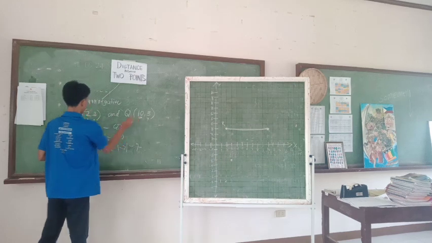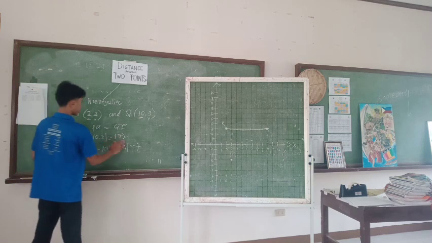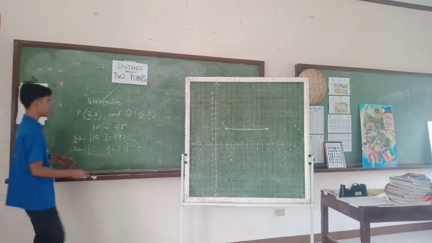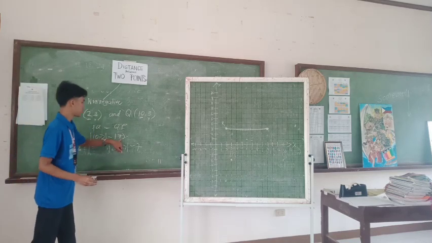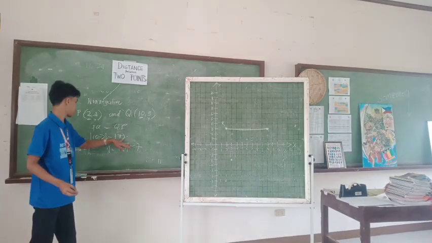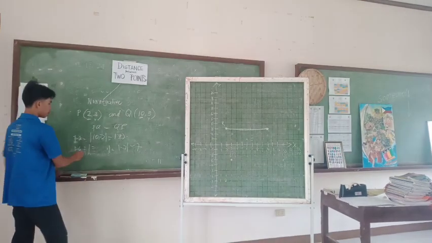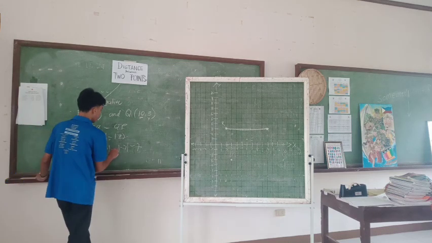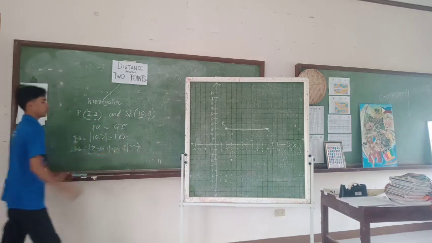The 10 and the 2, right? So we just find 10 minus 2, which is 8. The same also for PQ: 2 minus 10 is negative 8, absolute value 8. So they are the same.